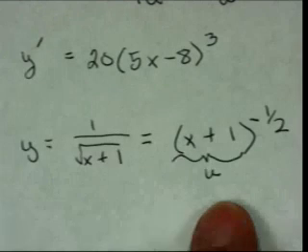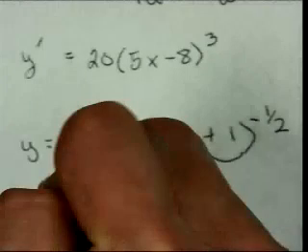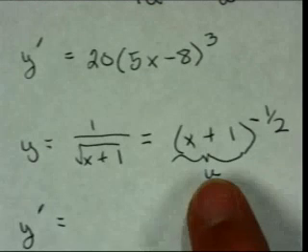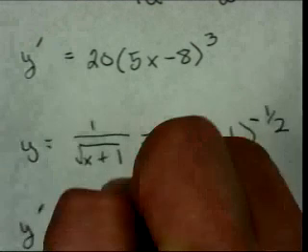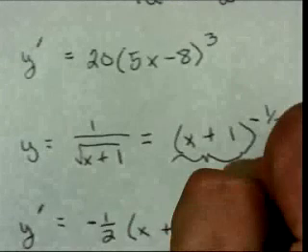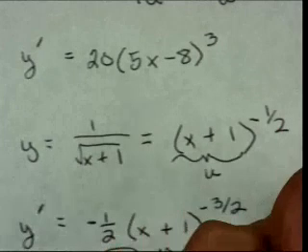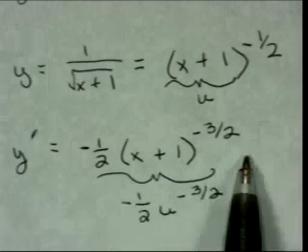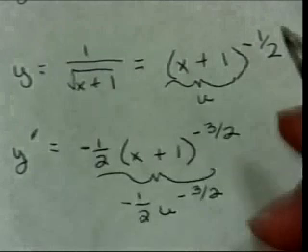That's the ugly. If you didn't know u was anything special, what would you say is the derivative of ugly to the negative 1/2? Negative 1/2, same old ugly, subtract 1 from the exponent, but then I'm also going to have the derivative of the ugly.